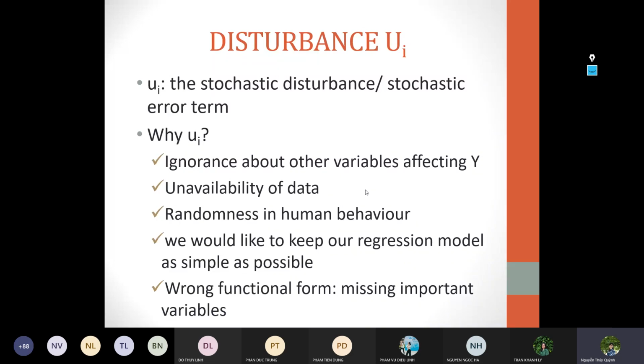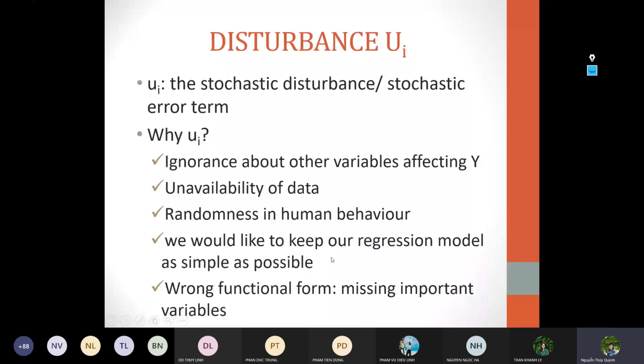That is the randomness in human behavior, and it is very hard to measure. Because we cannot measure the randomness in human behavior, we cannot bring it into the model. So remember, if you want to bring something into the model, you have to be able to measure it, or quantify it.